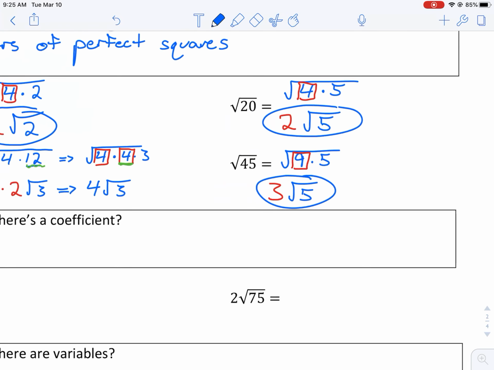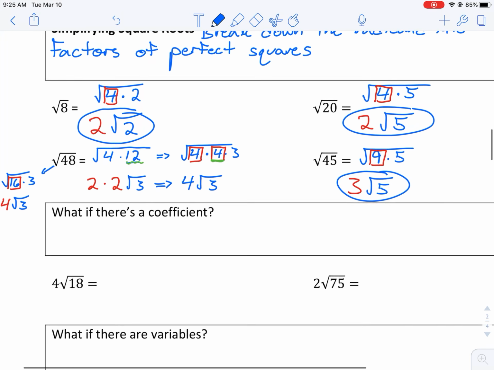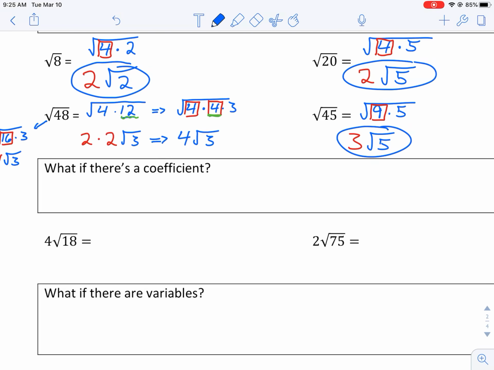So that's simplifying square roots, but what happens if we run into one that has a coefficient in front of it?